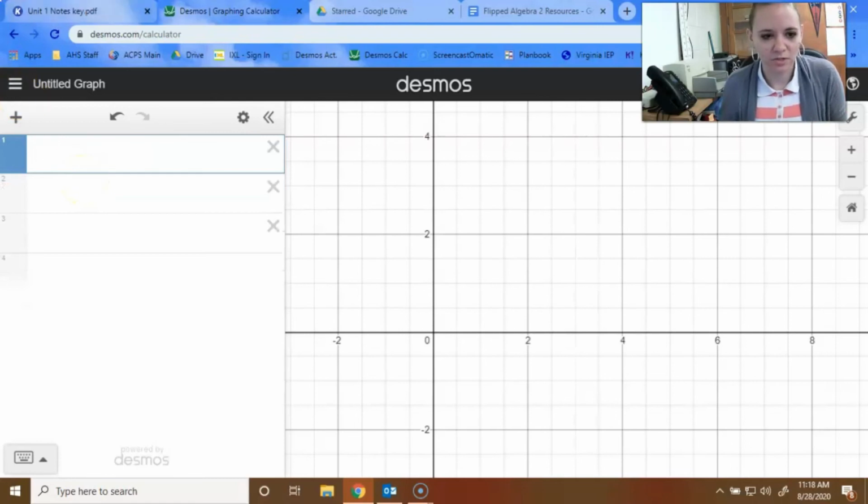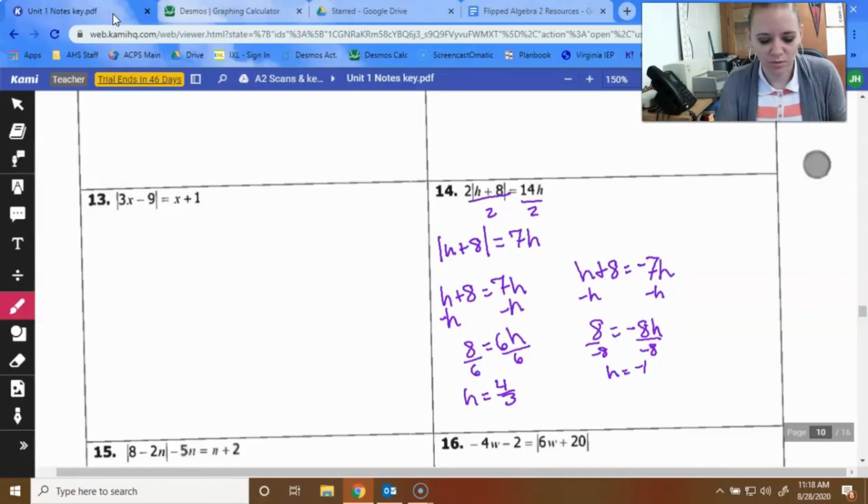But anyway, the two sides would not be equal. So 2 absolute value of 4/3 plus 8, and then 14 times 4/3 is the same thing. So when you plug in one answer, you get equal sides of the equation like that.